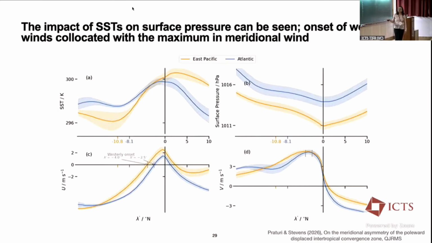You would see that a lot of the effect of sea surface temperature can be seen on surface pressure. So near the equator, which is given by the colored labels again, you have a local dip in SST because of the upwelling, like we were talking about. And that manifests in the pressure as a higher pressure.